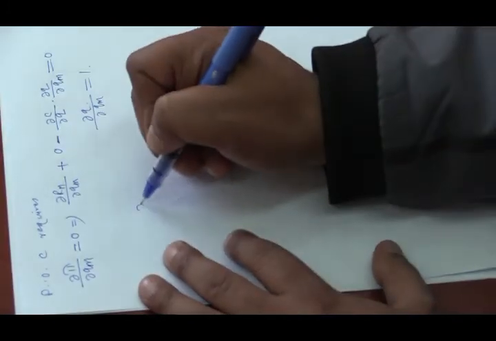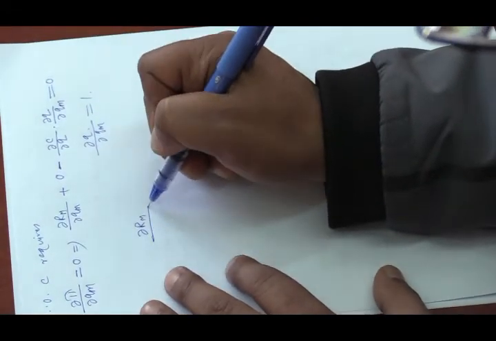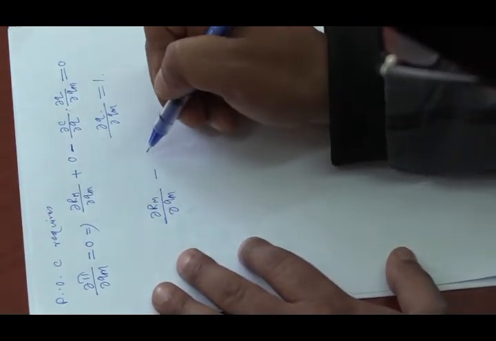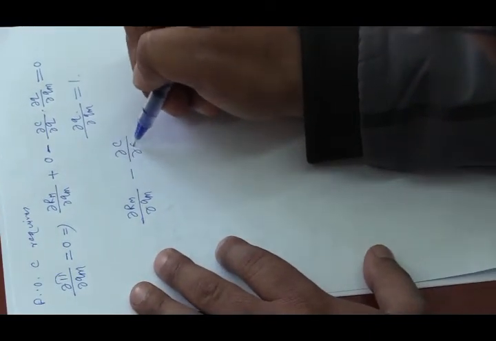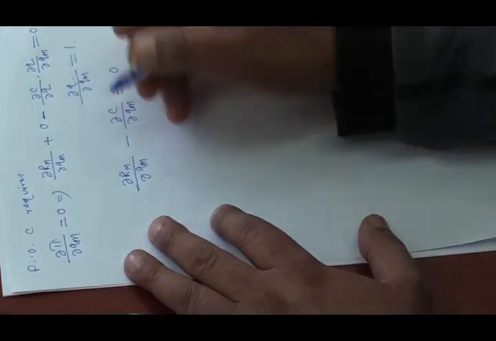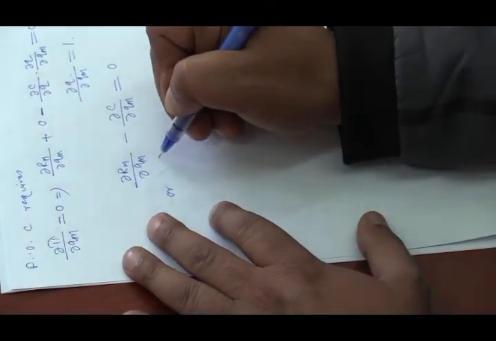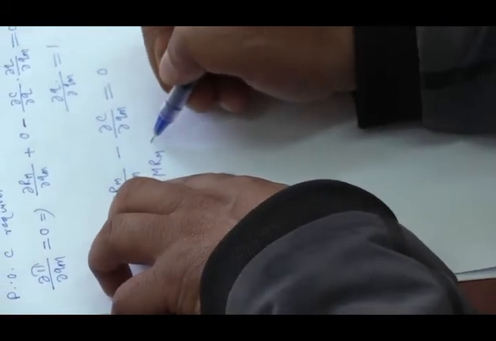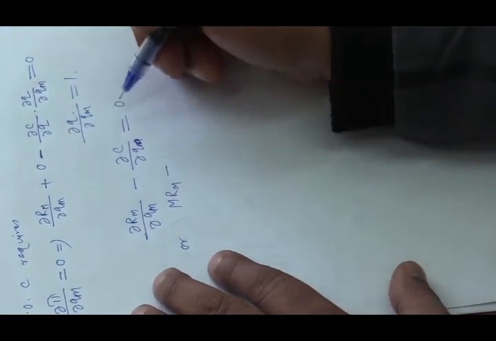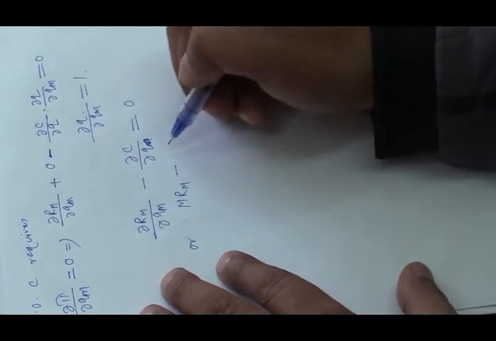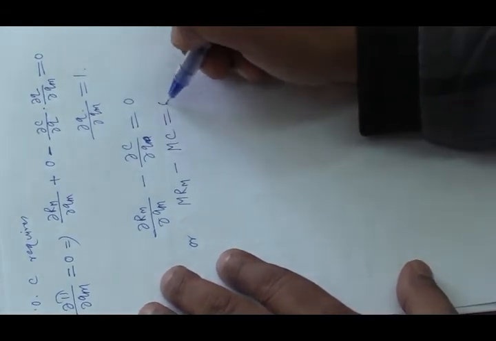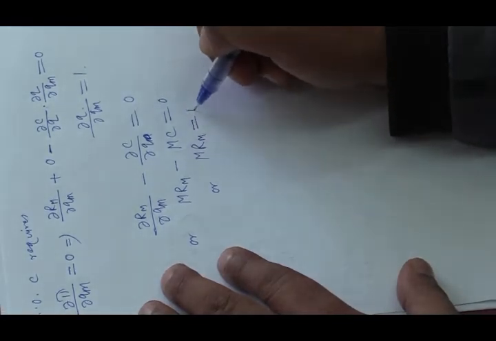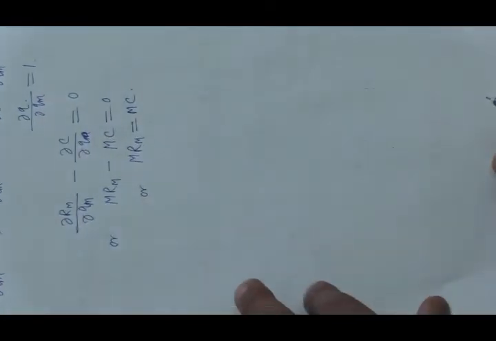So we can write del RM by del QM minus del C by del Q equals 0, or marginal revenue in the domestic market equals marginal cost.